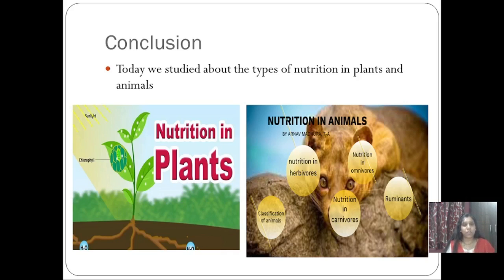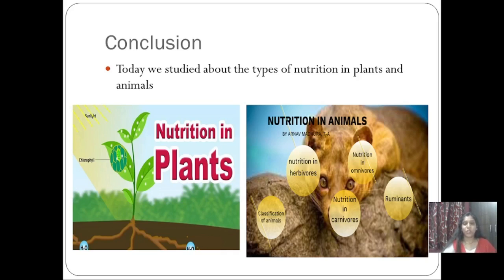You should be self-aware about yourself, what you like, what you dislike, how you are going to portray yourself, what is important for you. Be self-aware, children. It will develop your ability to achieve anything in this world. Okay, so for today we are done, and today we studied the types of nutrition in plants and animals.